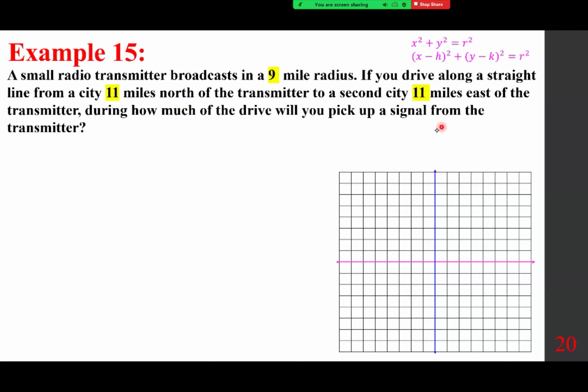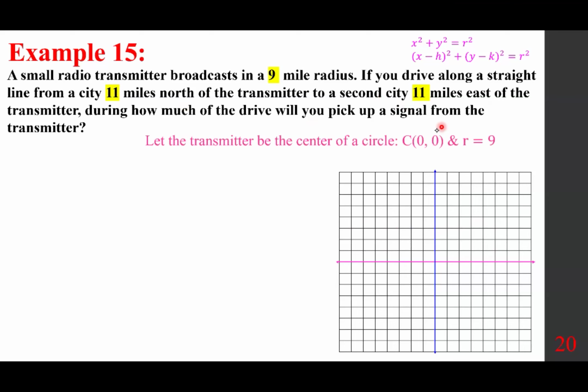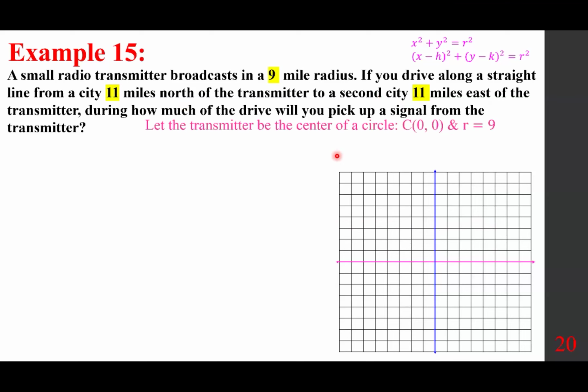To make life easier, we are going to let the transmitter be the center of a circle centered at 0, 0. Remember, 9-mile radius, so 0, 0.